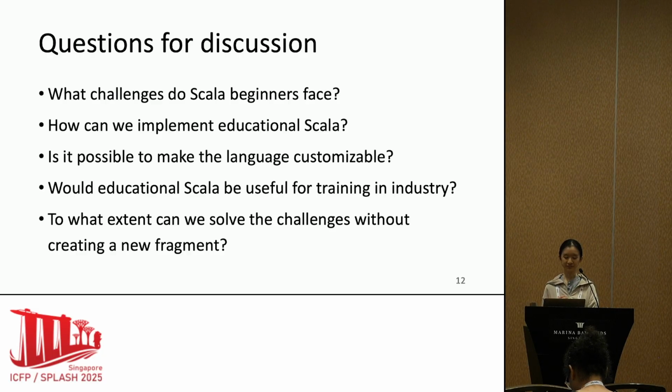So I don't know how the Rust compiler works in terms of error messages, but yeah, probably we can produce a bit better error messages without really creating a new restricted fragment. That's probably possible, yes. Thank you.